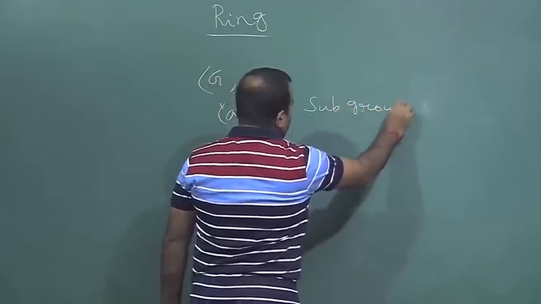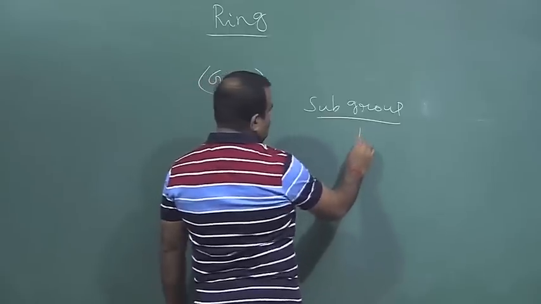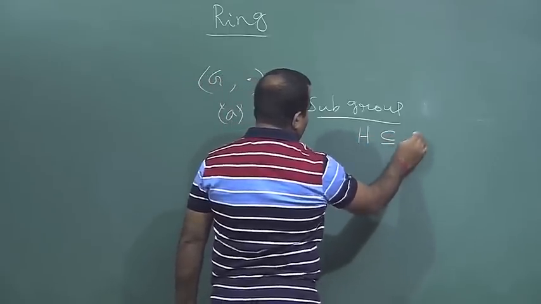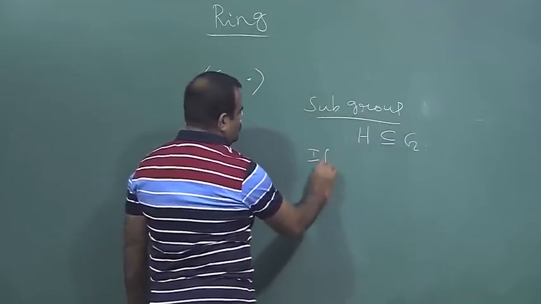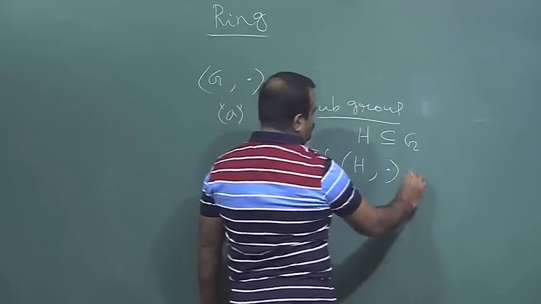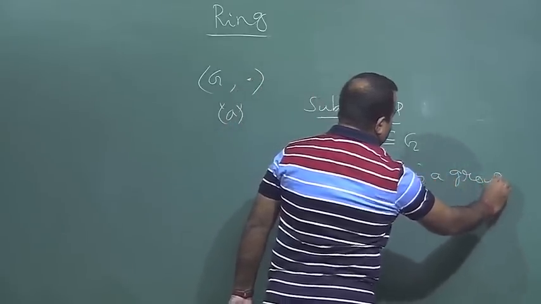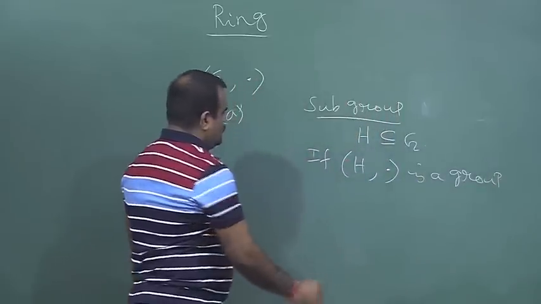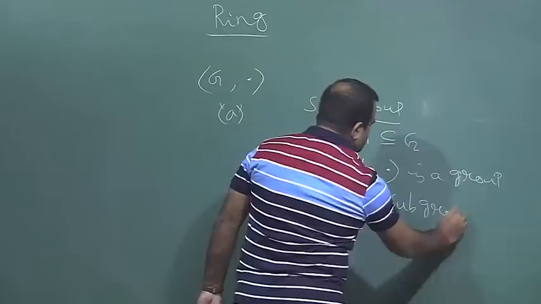Subgroup is basically, if you take a subset of G, say H. So H is a subset of G. Now, if H along with this operator is a group, then it is called a subgroup, because it is basically a subset.